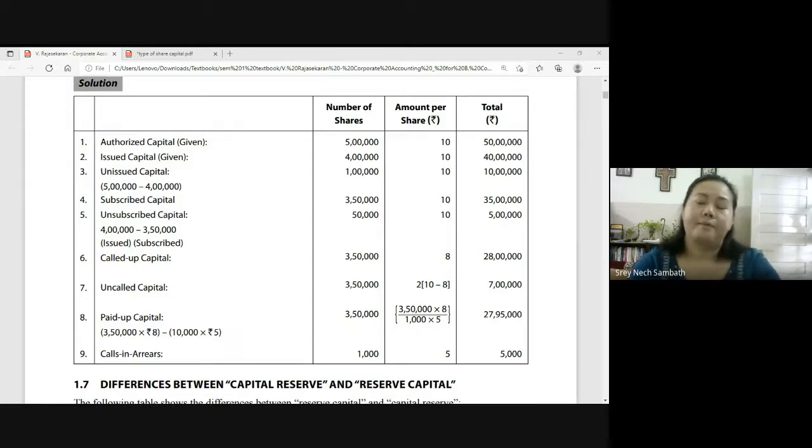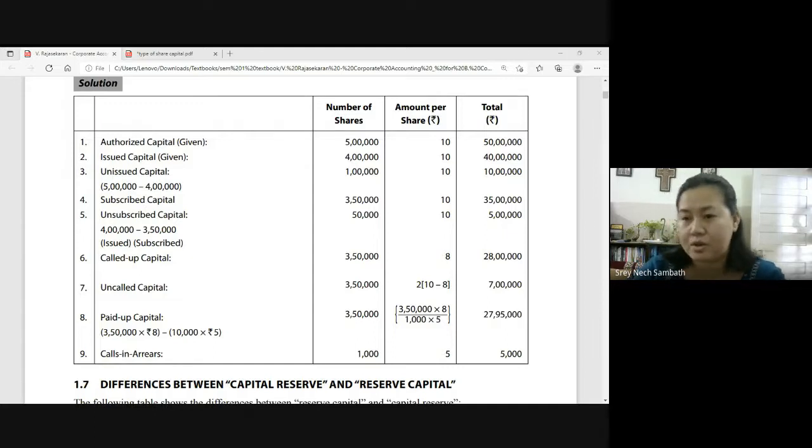It means that if our authorized capital is 50 lakhs and we issue to the public only 40 lakhs, then for the remaining amount we take the difference, our authorized capital minus our issued capital. So the amount of unissued capital will be rupees 10 lakhs, right? I know everyone is clear till this part.